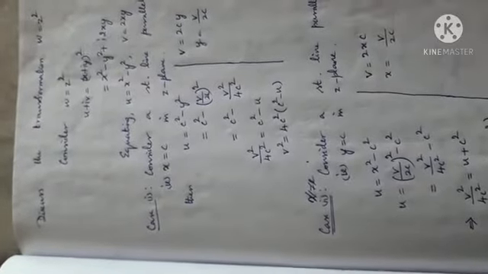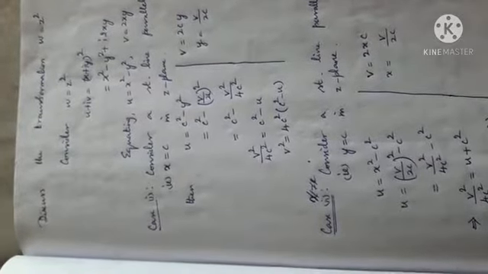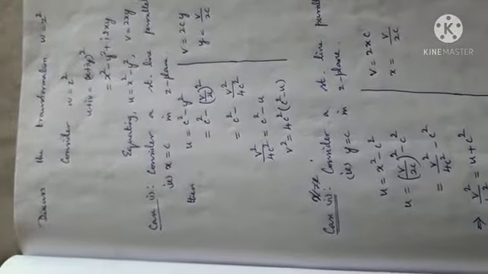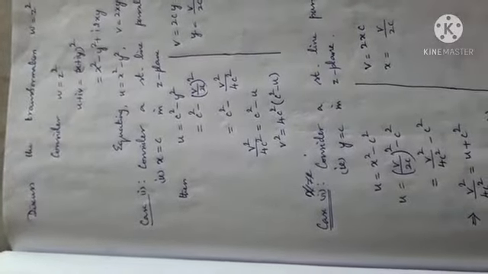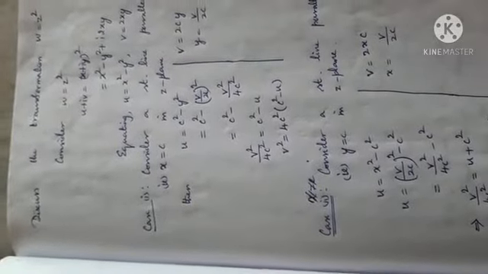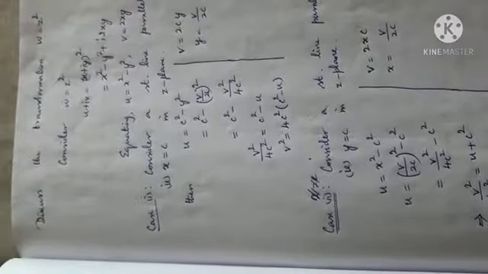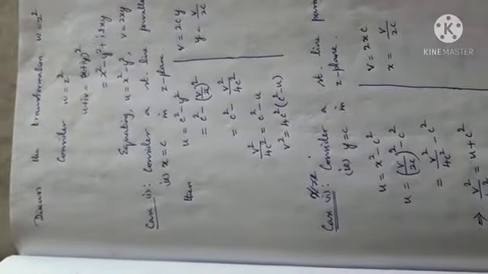In analytic functions, under the transformation heading, there are 4 types of transformation we have. One is w equal to c plus z, another one w equal to cz, third one w equal to 1 by z, fourth one w equal to z square. The first 2 headings are part A and the last 2 headings are part B. So we had seen the problem of w equal to z square type, right?